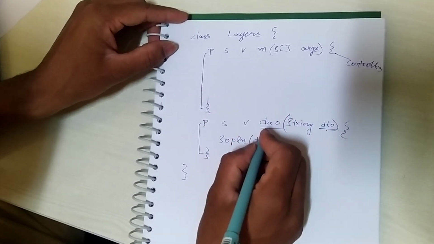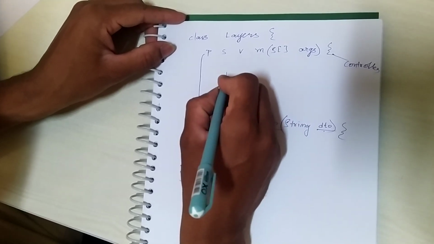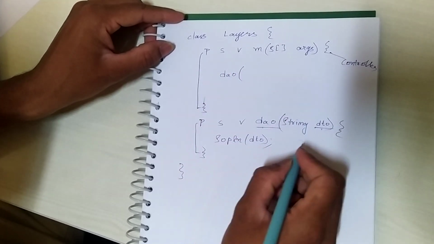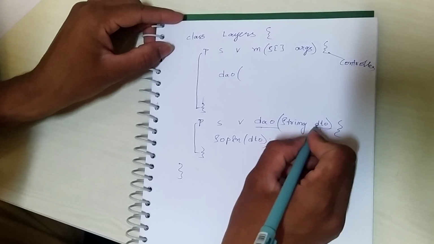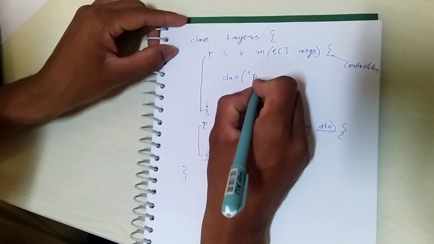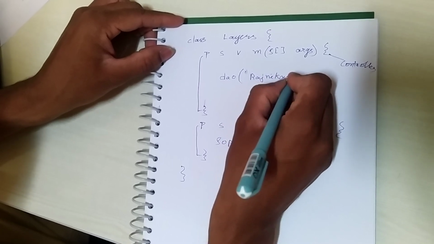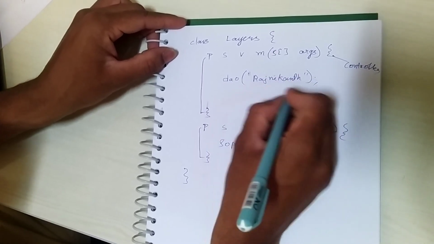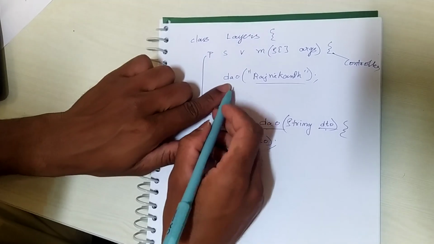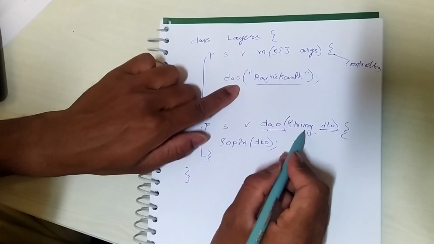Now we have to access this DAO method. I am accessing the DAO method and passing the data using this DTO variable. Here we will be passing some value called Rajnikant. I am passing the value Rajnikant to the DAO method, which matches this argument.